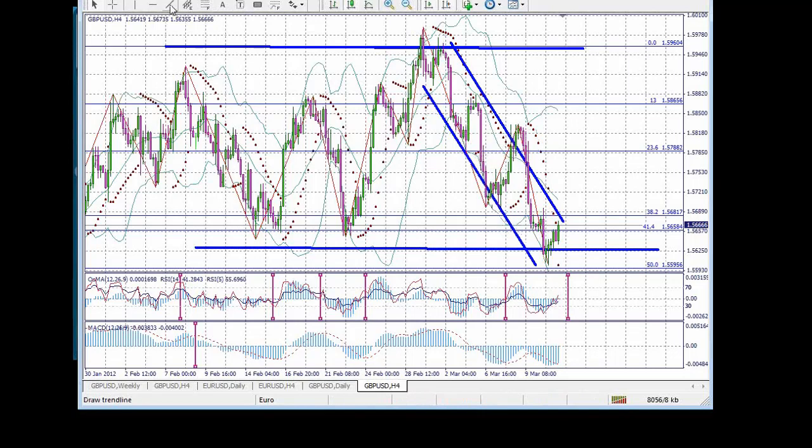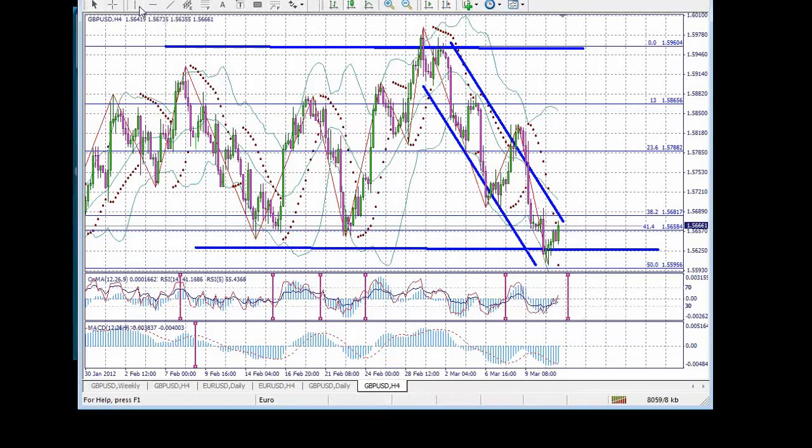So we have here 1, 2, 3, 4, 5 waves, and waiting for one corrective wave that we have to notice on the 4-hour chart has already started.